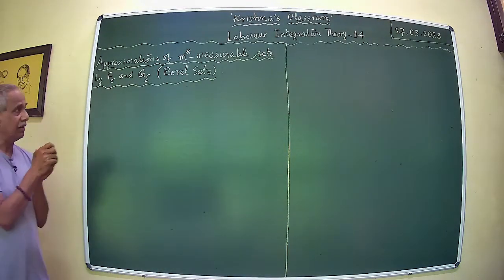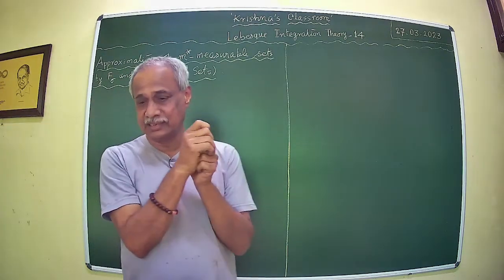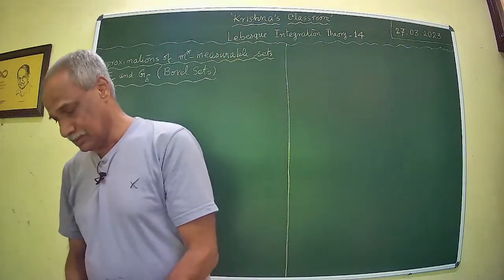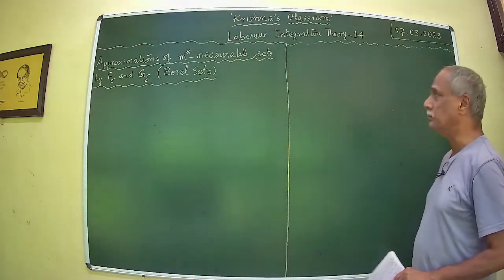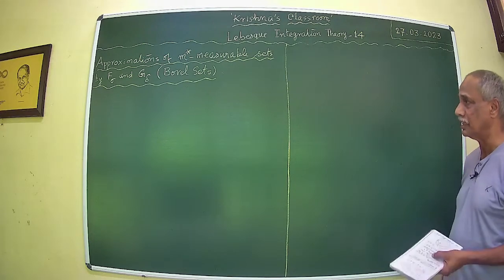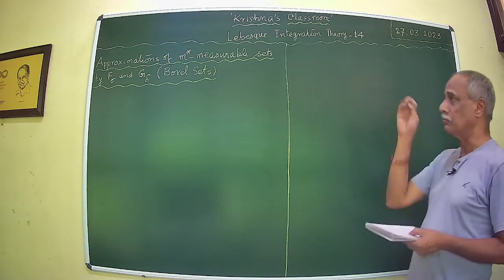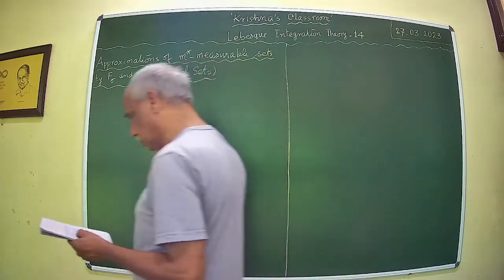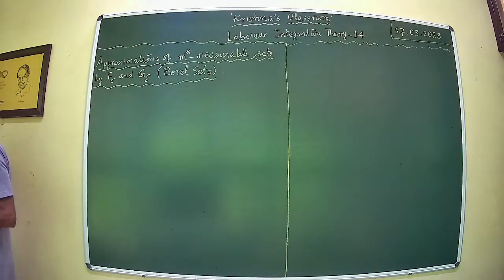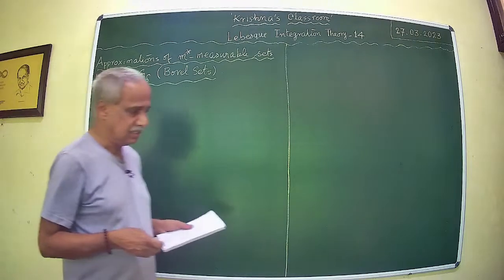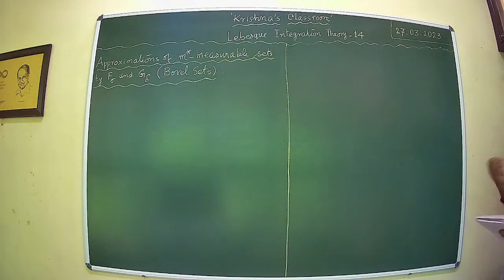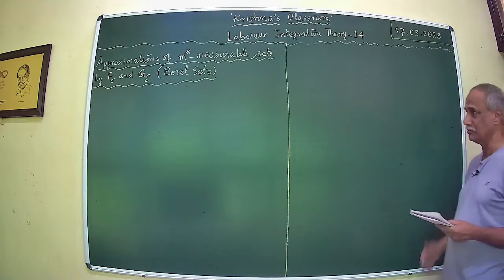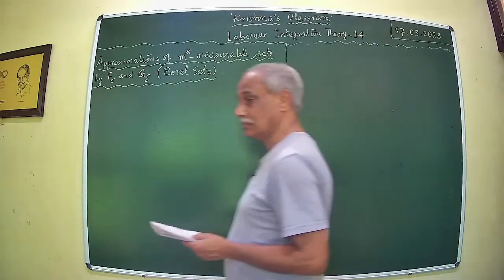Now in this talk we are going to look at the possible approximations to M star measurable sets by the so-called F sigma and G delta sets. That means using Borel sets, which constitute the smallest sigma algebra containing all open sets, that is, containing the topology of the real line.